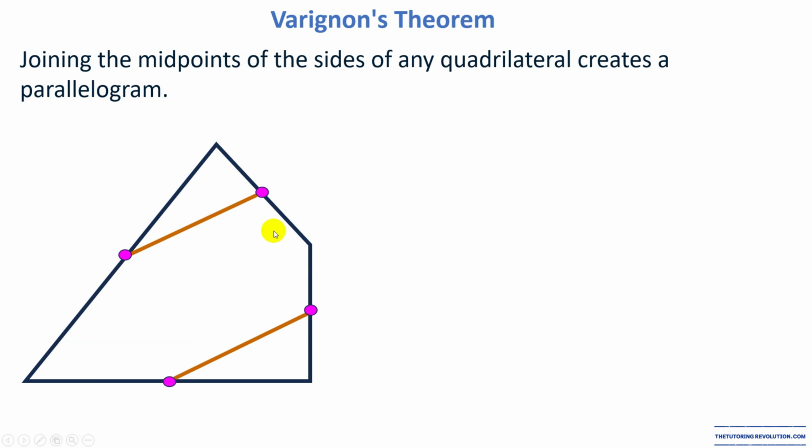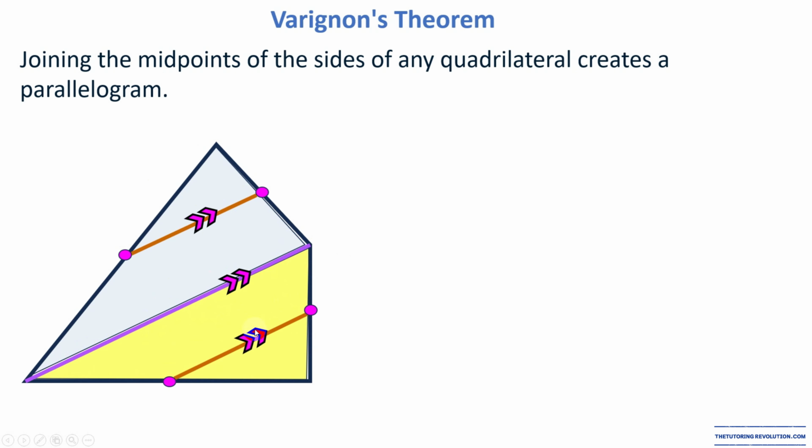To do that, we're going to use the same principle that we used in the previous slide. We're going to draw a diagonal. We're going to focus on this triangle. And we can see that this midsegment in this triangle is parallel to this base. Now we focus on this yellow triangle. We also see that this midsegment will be parallel to this base.